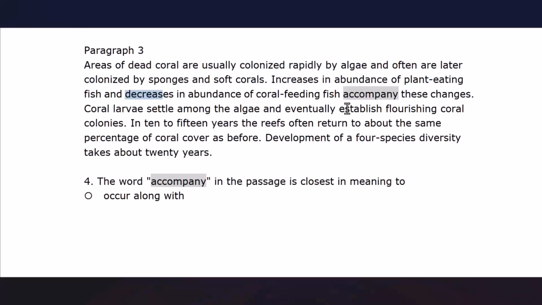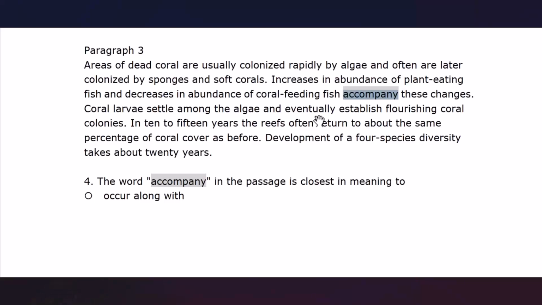The verb accompany here, the subject of this vocabulary question, means to go along with something, to attend something, to stay connected with something, and stay in agreement with something. This is what accompany means.